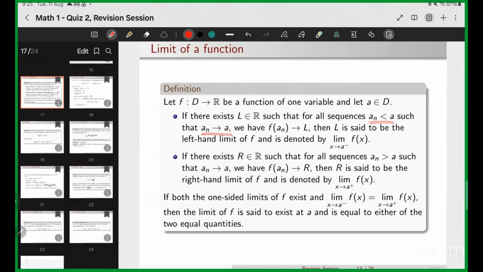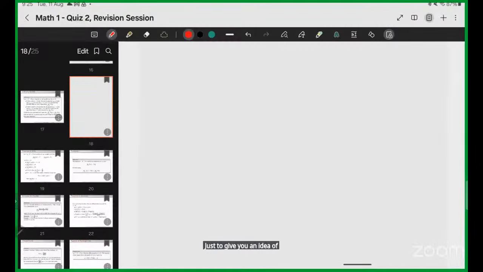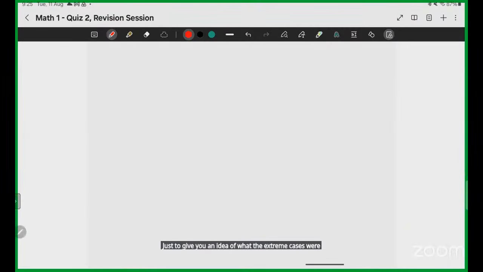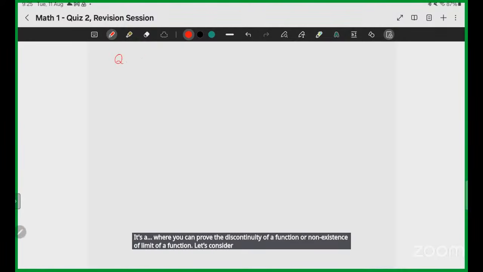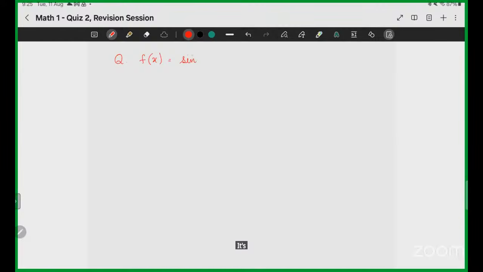Just to give you an idea of the extreme case where you can prove the discontinuity of a function or non-existence of the limit of a function, let's consider the following example, f of x. It's a function on non-zero real numbers, let's say on R minus the singleton 0.